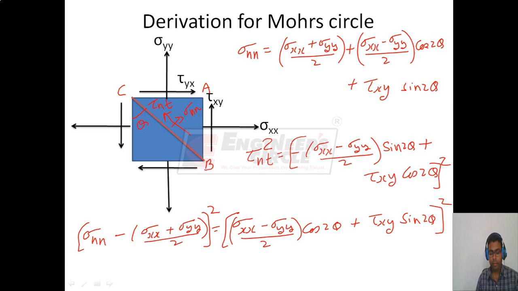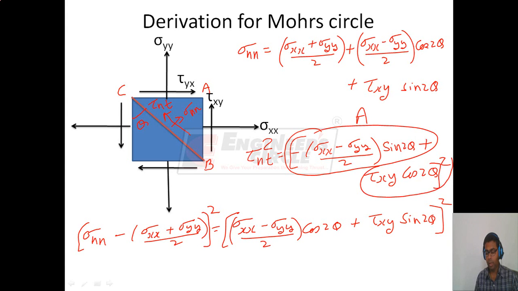On addition, we will get sigma nn minus sigma xx plus sigma yy by 2, whole square, plus tau nt square on the left side. On the right side, we have this term which we call A and this term which we call B. So here we have minus A plus B whole square, and here we have A plus B whole square.